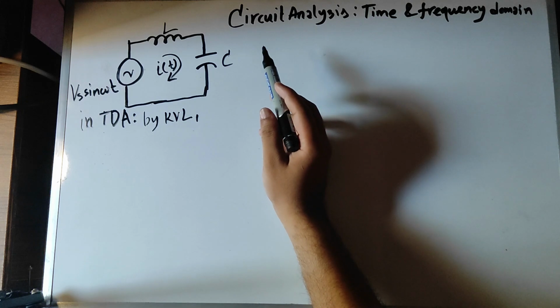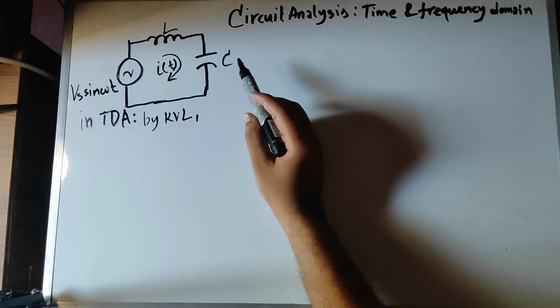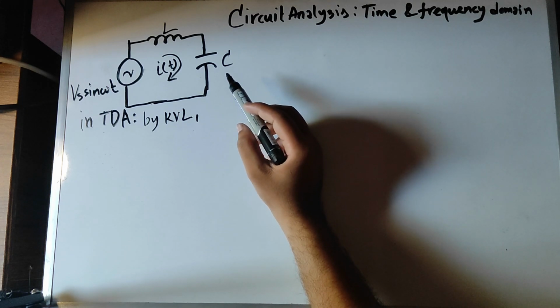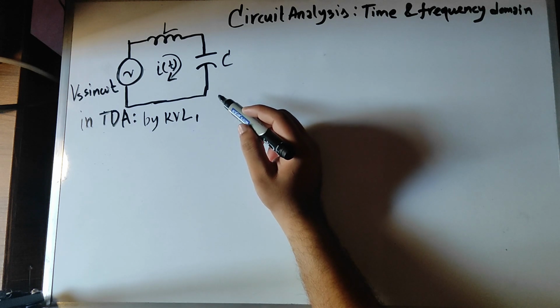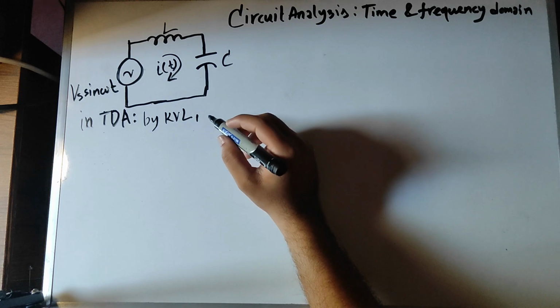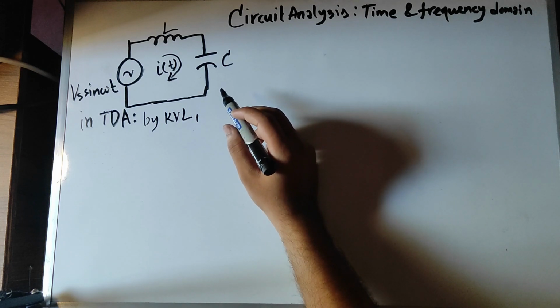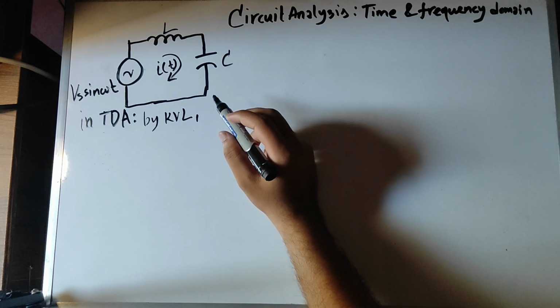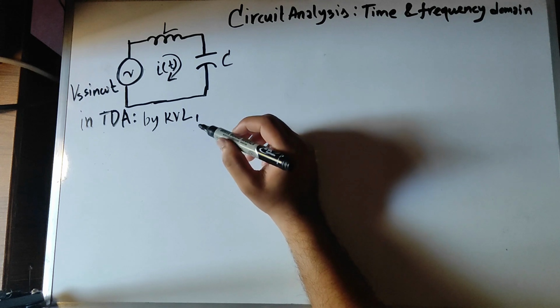Inductors and capacitors are linear components. That's why we can apply the superposition principle. Because we can use the superposition principle, we can apply KVL, KCL, and an LTI system itself generates a linear differential equation with constant coefficients.